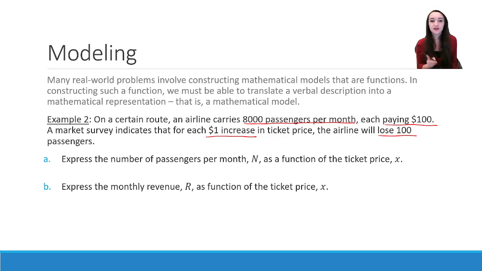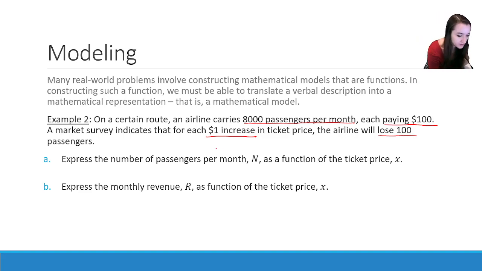If we want to express the number of passengers per month, we'll call that n, as a function of the ticket price x, that means we're going to write some function n of x. And we need to relate all of this information to say how many passengers we're going to have based on how much we increase or decrease the ticket price. So we know that if the ticket price is $100, we get 8,000 passengers.